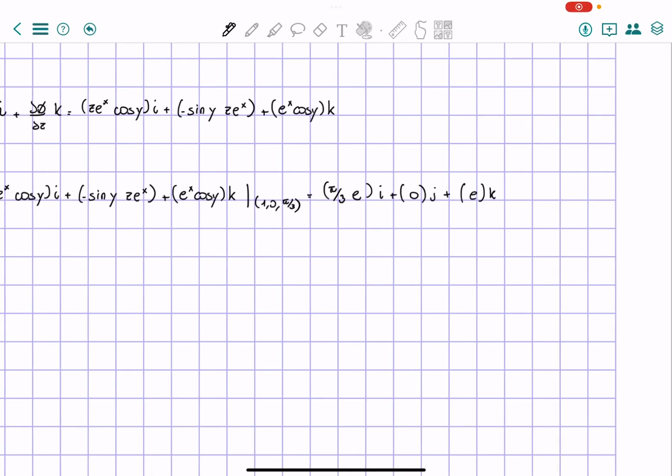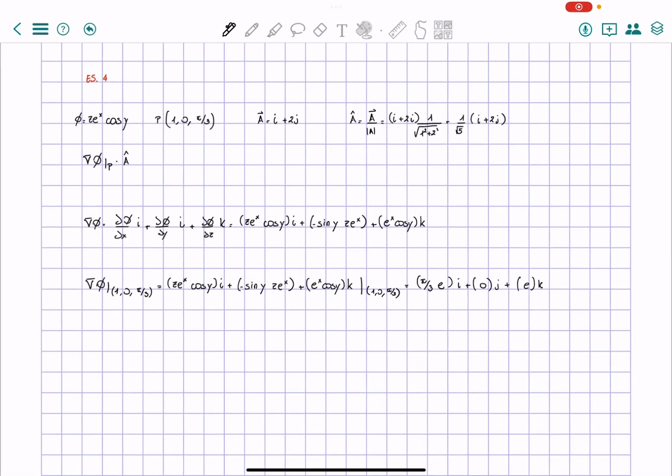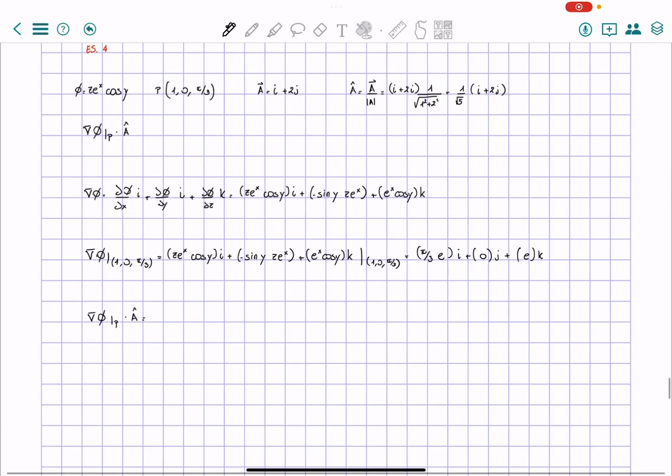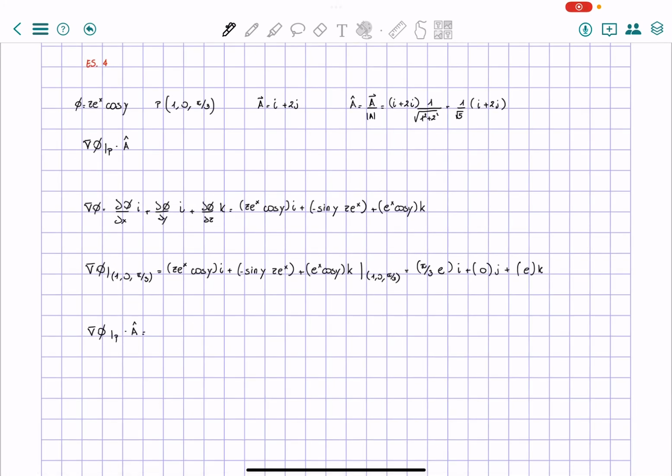Now we have to multiply by our vector A, and that means we're going to have to rewrite this. The gradient of our function at point P times the vector A is going to be equal to, let's check, 1 over square root of 5 times pi over 3 e.